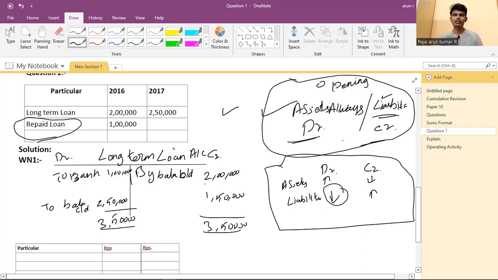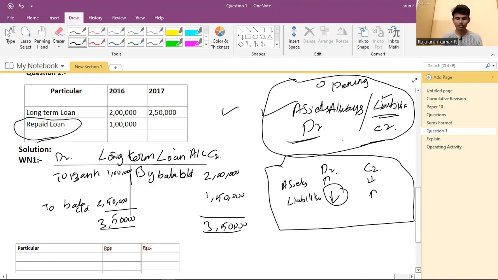They repaid the loan of 1 lakh, and the opening balance of the loan is 2 lakh. The closing balance of the loan is 2,50,000. The difference of 1 lakh is because they got the loan again, and then only the closing balance increases.